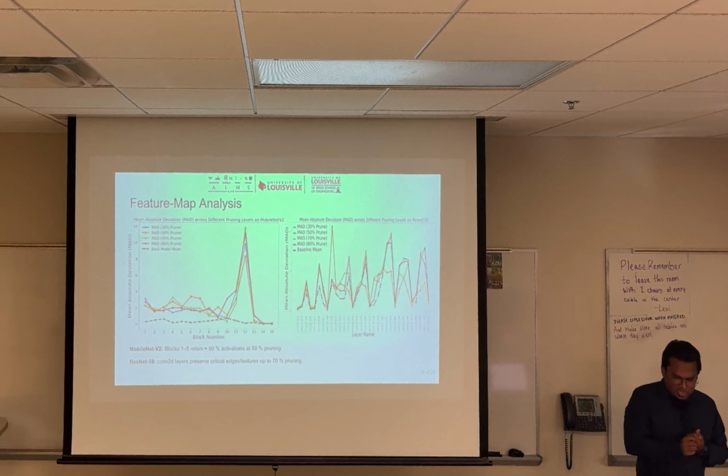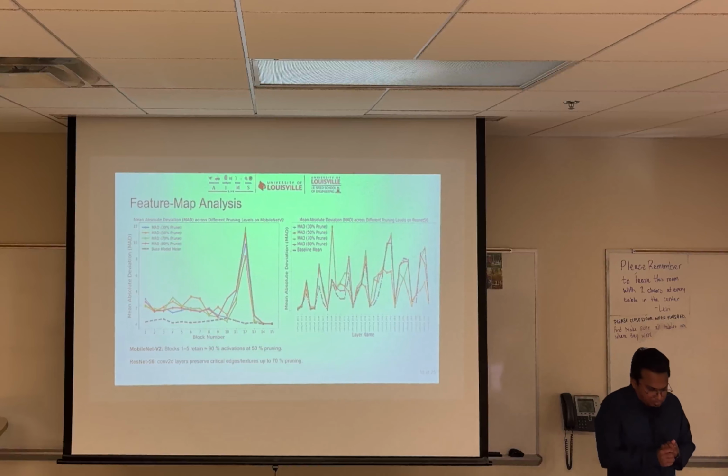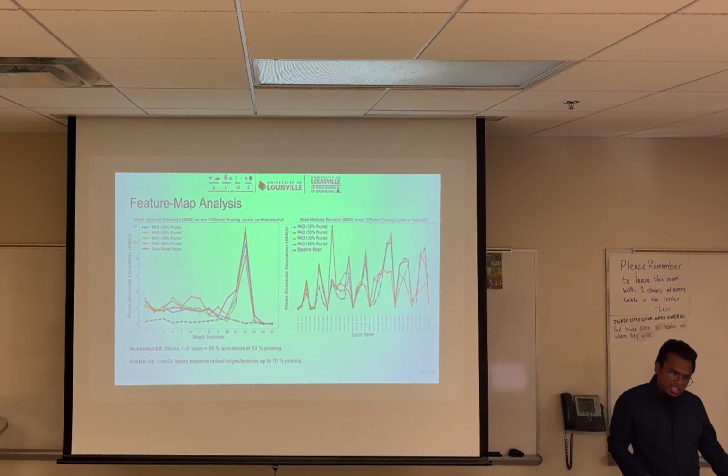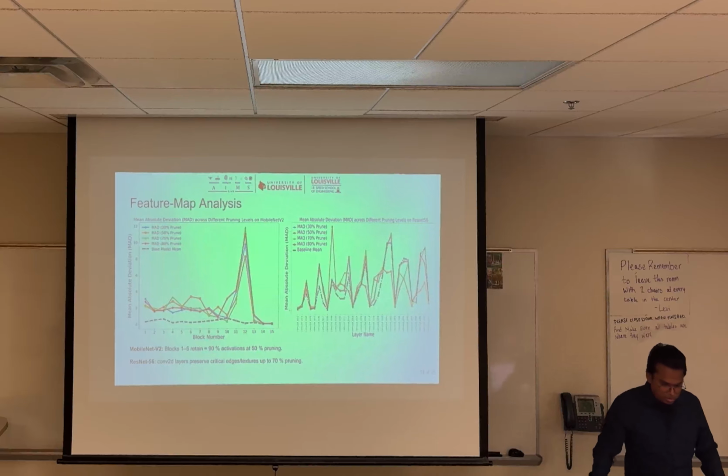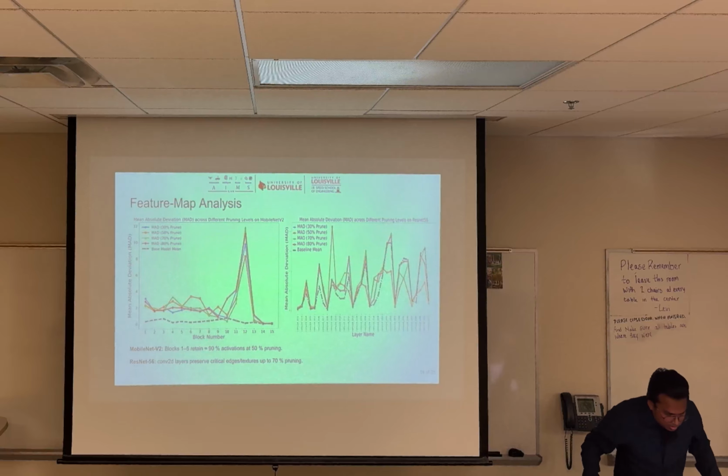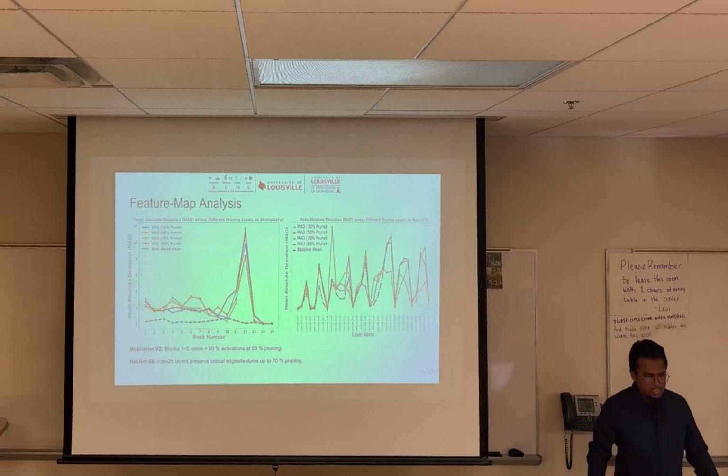And on the right side, ResNet 56. So you can see that all the versions of the pruned models are almost aligning with the base model. So that means it's doing well. You will see that there is a spike on pruned 50% at convolution layer conv2D 108.